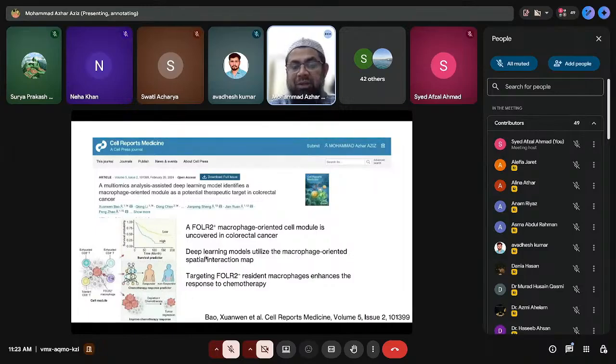They used deep learning models on the macrophage-oriented spatial interaction map. If anybody is interested, they can look at the study. This is also from last year, a pretty new one. Once they targeted the FOLR2+ resident macrophages, that enhanced the response to chemotherapy. Now look here, the chemotherapy was given along with this FOLR2+ targeting. You can see the survival probability was pretty high with this combined treatment.